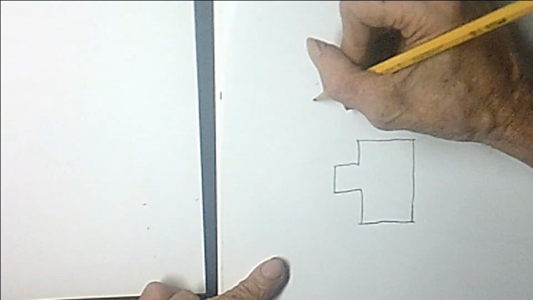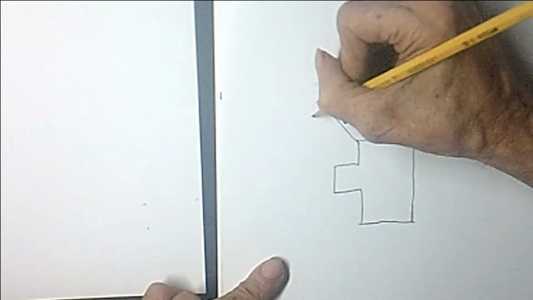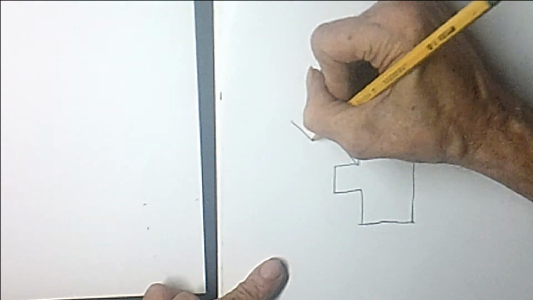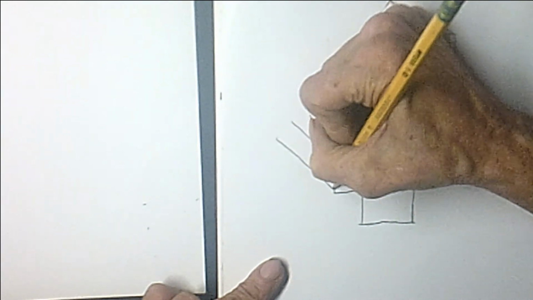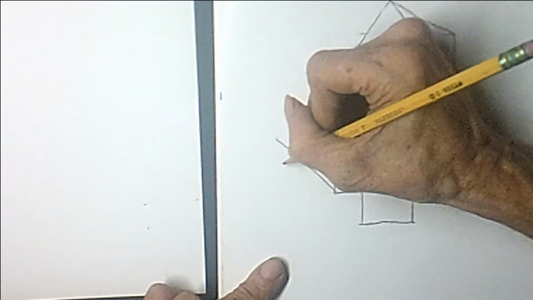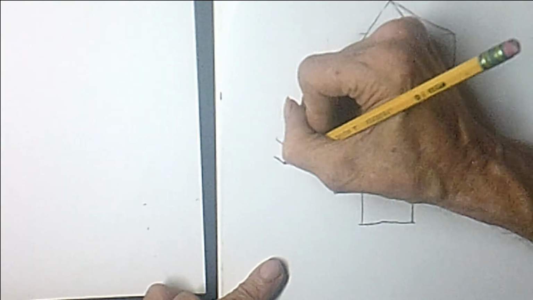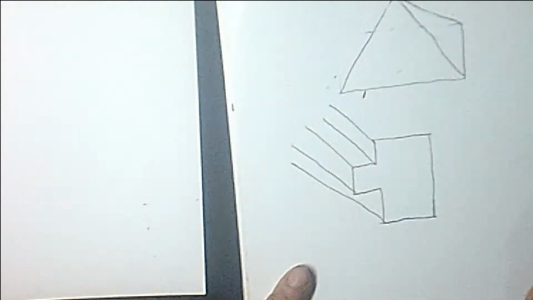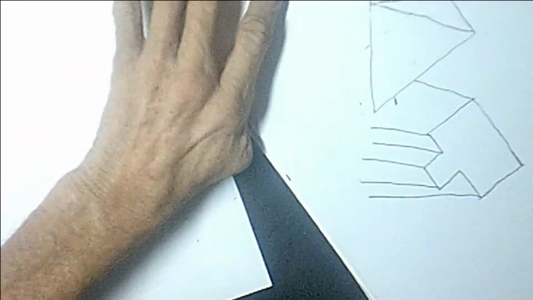Now I have to add my lines. I have a line down here, a line here, a line here, all these corners. Then I have to connect them all.